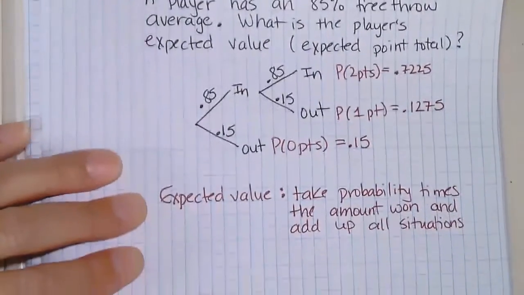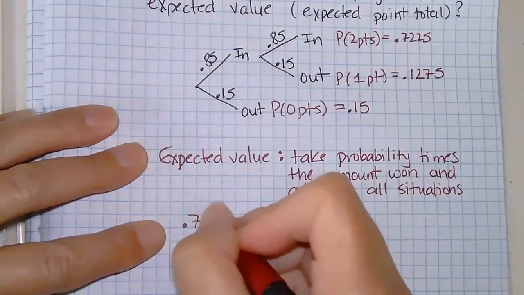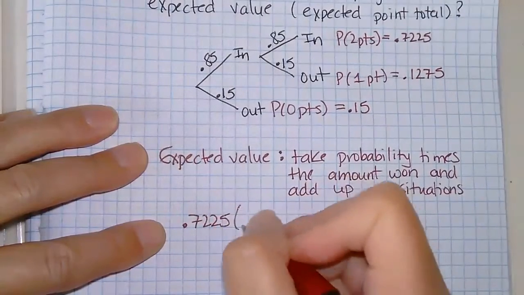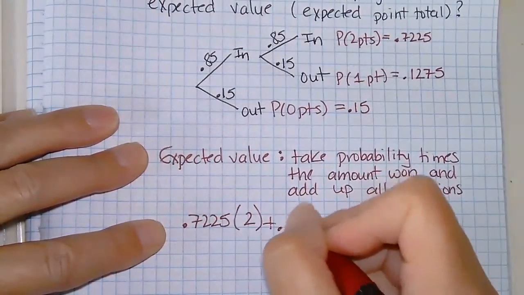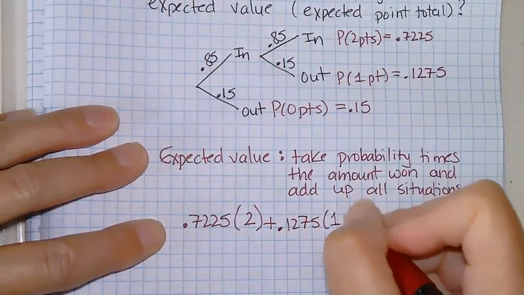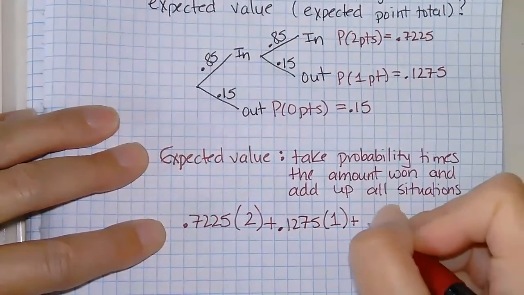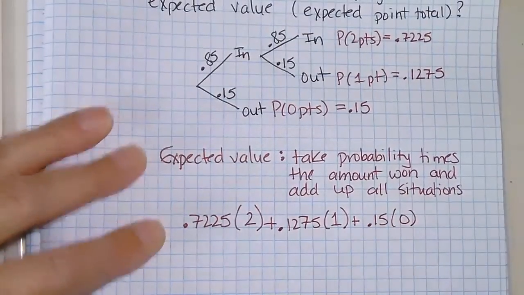So what I mean by that is the following. So I'm going to take 0.7225, which is the probability of getting 2 points, times the amount of points that you get, plus 0.1275, which is the probability of getting 1 point, times how many points you get, plus 0.15 times how many points you get. And we're going to add this up.